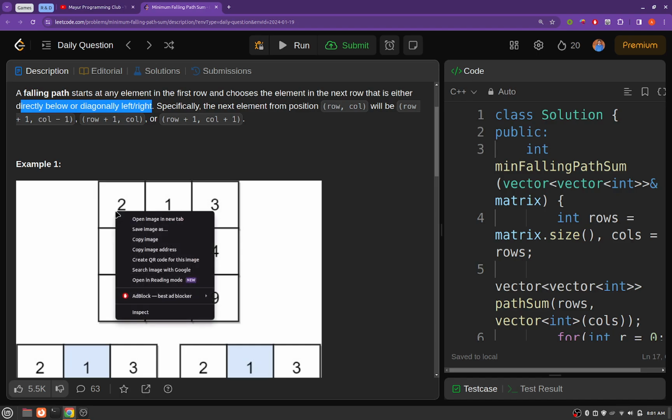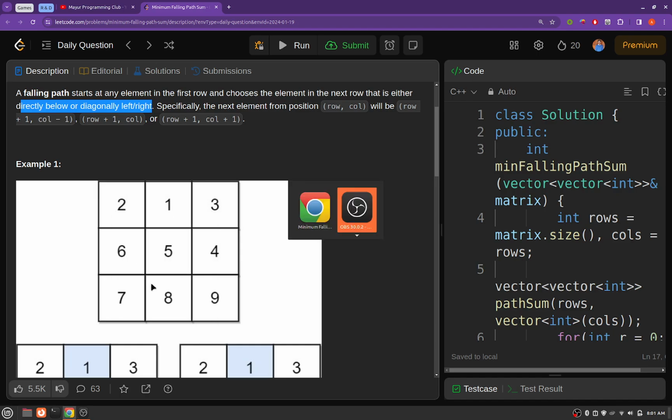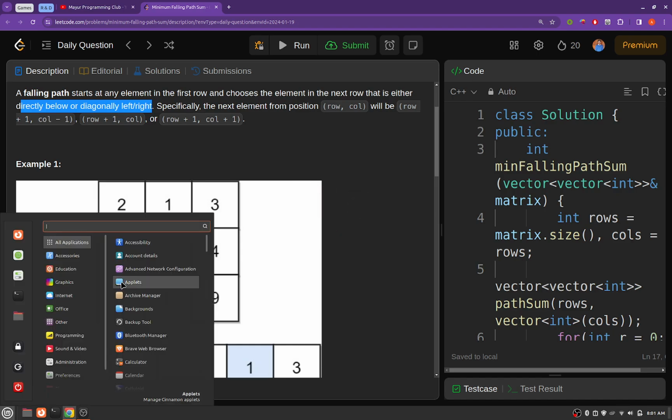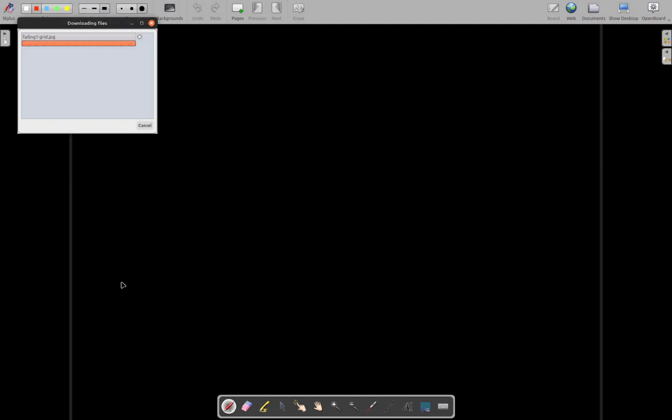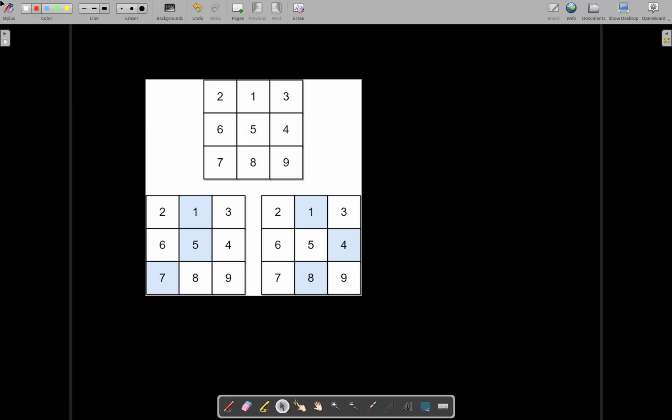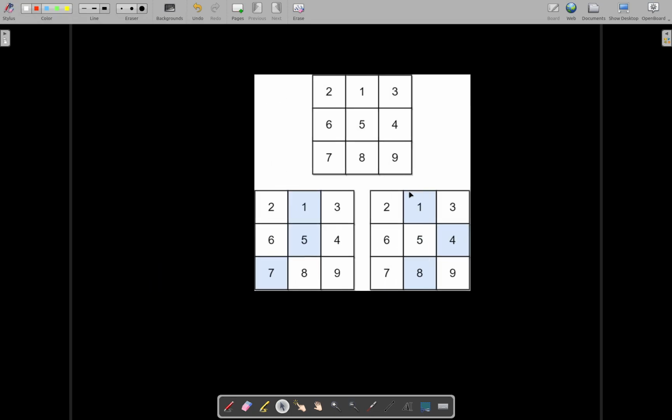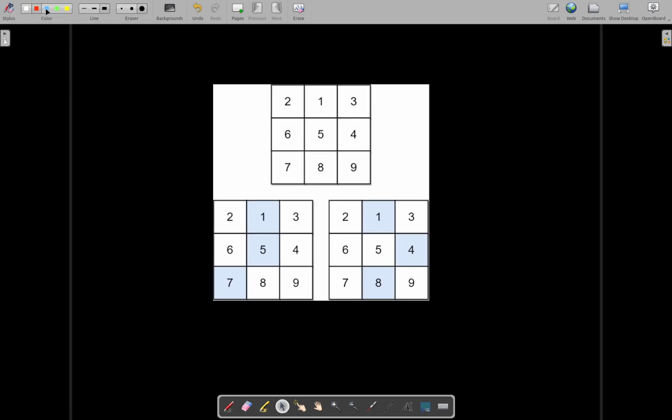So let's say this matrix is given to you.